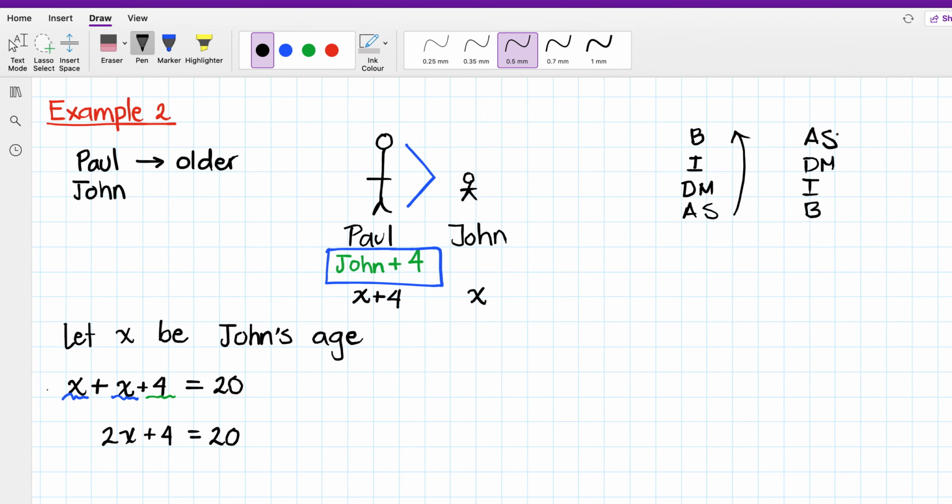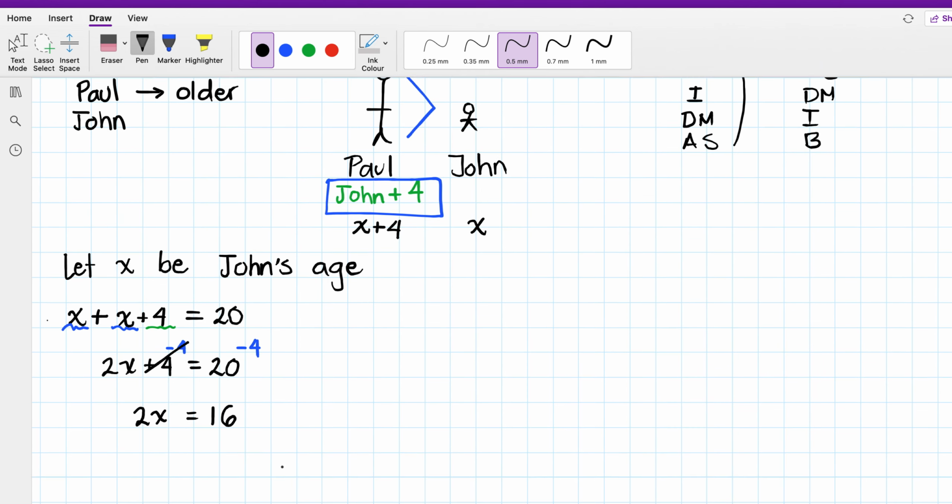So the first thing I have to do is addition and subtraction. Here, take away 4. To undo that plus 4, I'm going to undo it on both sides. Wonderful. And this is 2X, this became 0, equals 16.